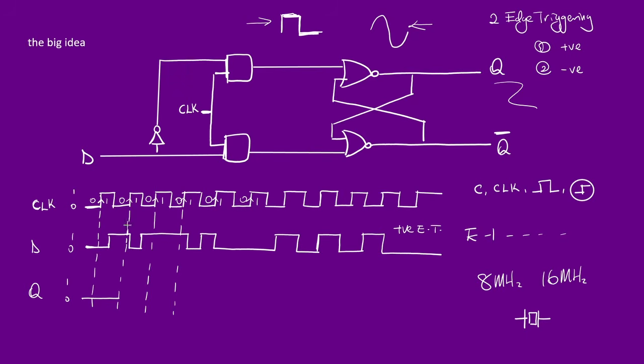I see that my D is high on this rising edge, so I come high and maintain my highness until the next rising edge. D comes low within this period, but since it is not at the rising edge, it is outside the observable period of our output Q. On this rising edge, my data D is high, maintain my highness.